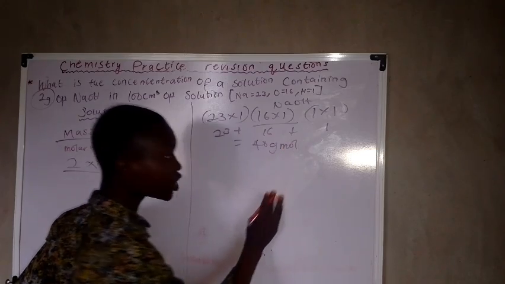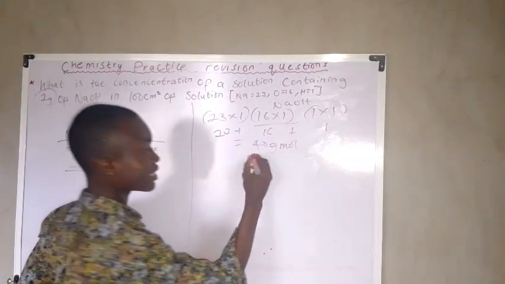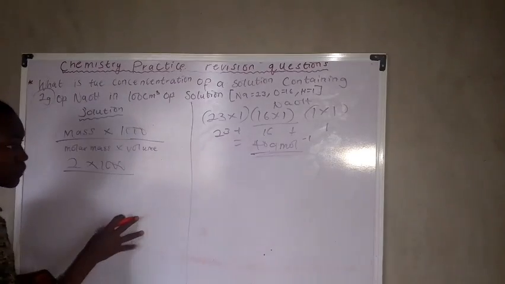The unit of molar mass is grams per mole. That should be noted.